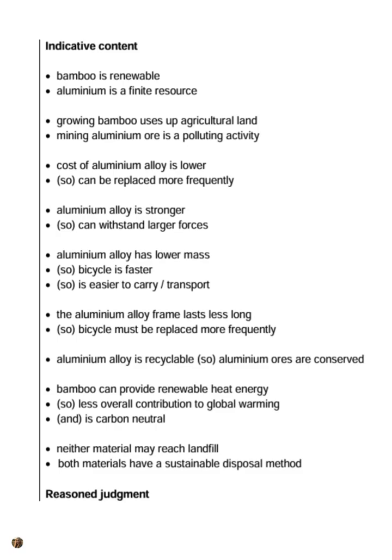The aluminium alloy is recyclable, so aluminium ores are conserved, but bamboo can be used to produce renewable heat energy. So this means that the bamboo compared with the aluminium contributes less to global warming, or you could say as well it's carbon neutral.